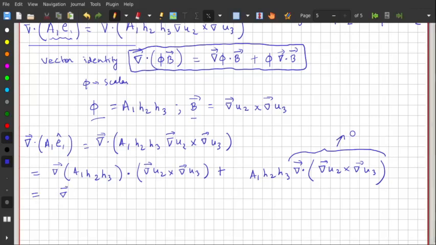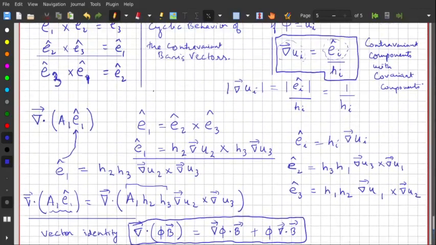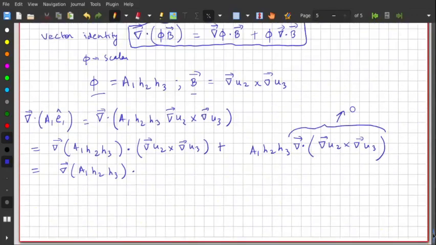Then this expression becomes the grad of A1 H2 H3 dot grad of U2. Using this identity, we can write this as E2 by H2, using the contravariant components instead of the covariant. This will be written as E3 by H3.